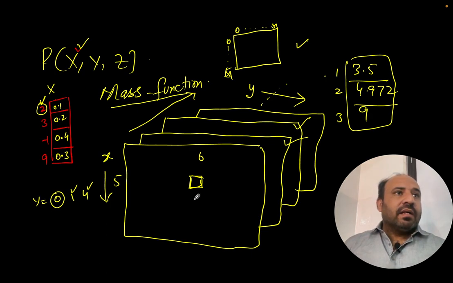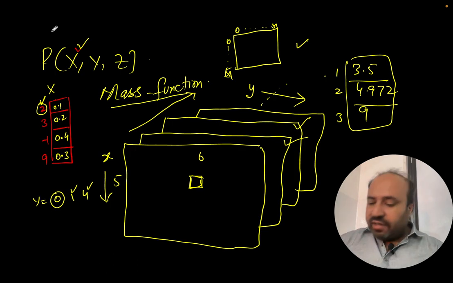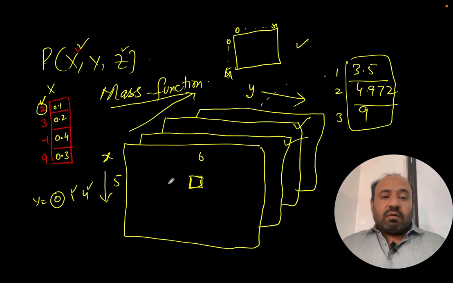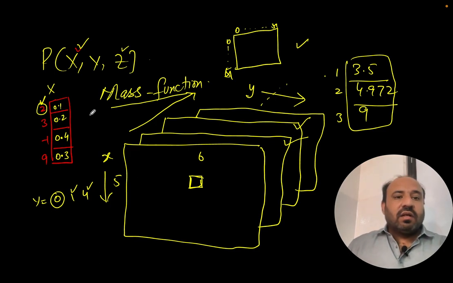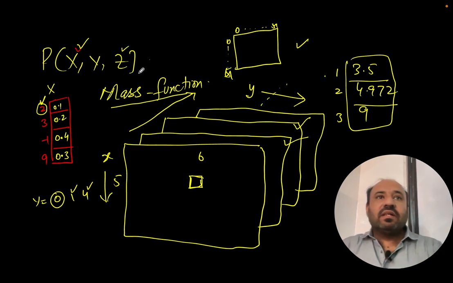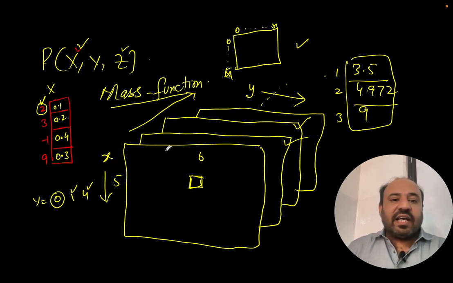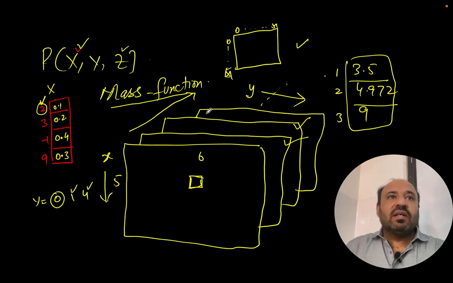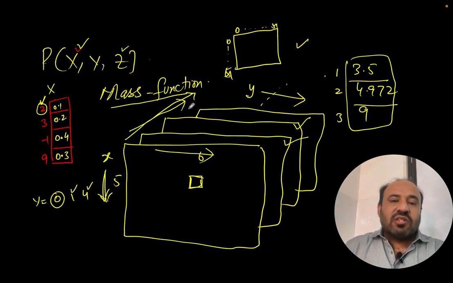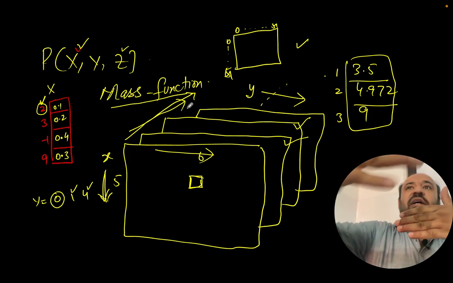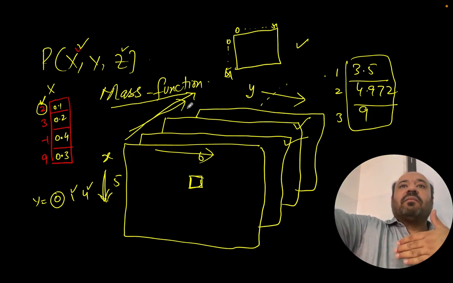Now think about 3 random variables, x, y, and z. There are so many different ways you can store this distribution, but one very handy way is a 3D array. So for example, this is x, this is y, and this is z. Think of a lot of matrices being concatenated together.